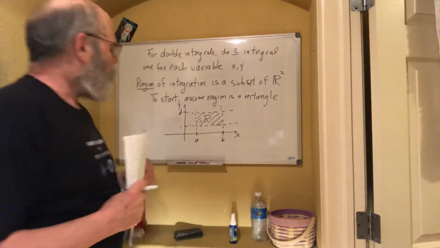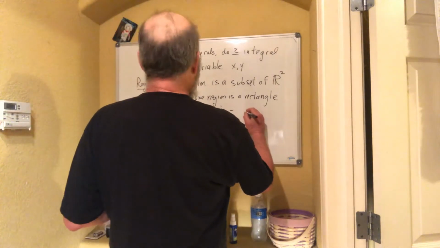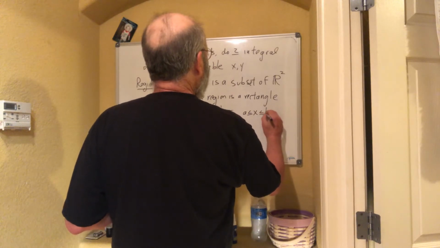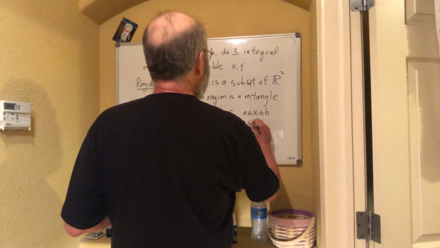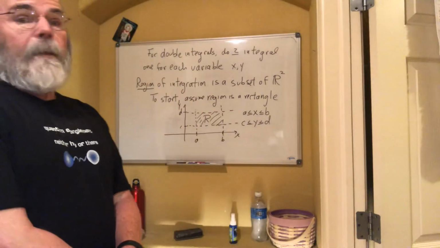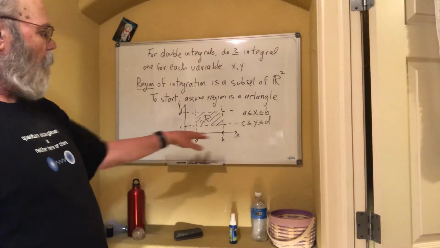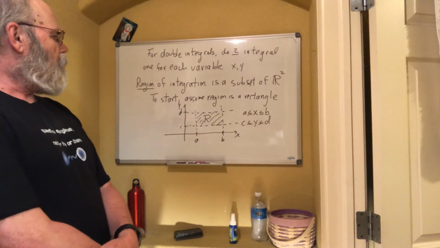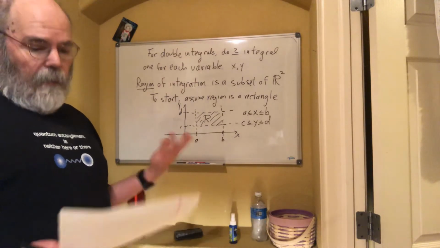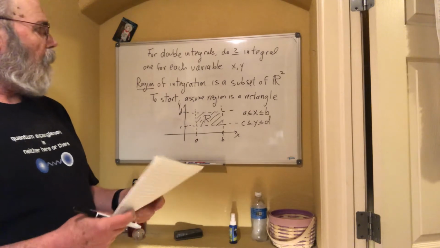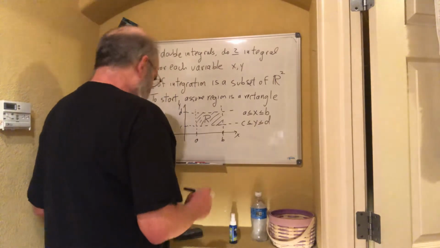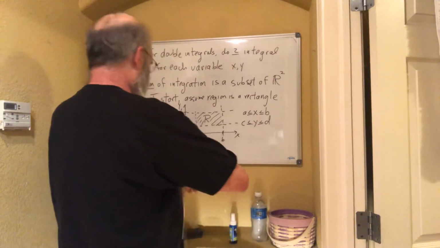I'm talking about a two-dimensional region, which we can specify as two intervals. My x coordinates run from a to b, my y coordinates run from c to d, and you put those together to get one of these two-dimensional setups.